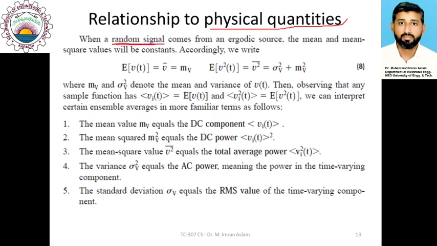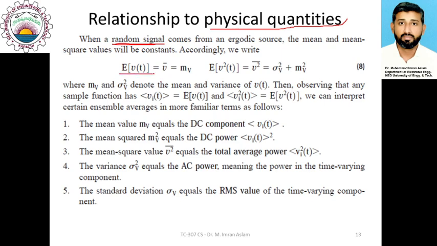So signals have some physical interpretation that we use to analyze physical systems. The different statistics of the random process have some significance from the perspective of physical parameters.